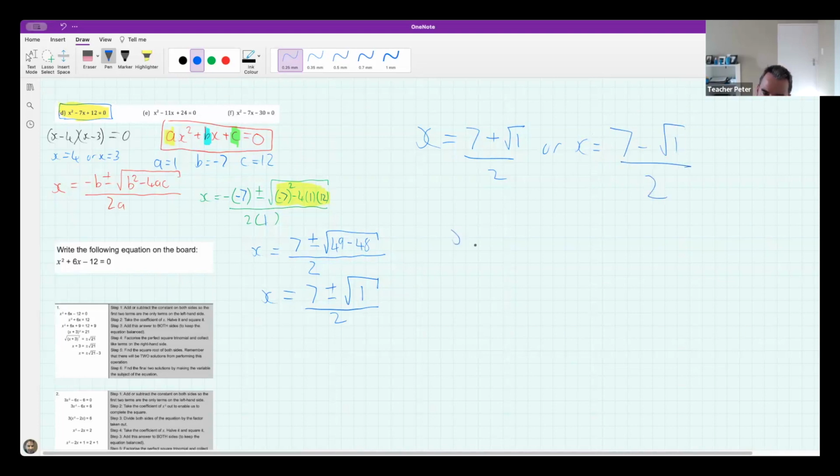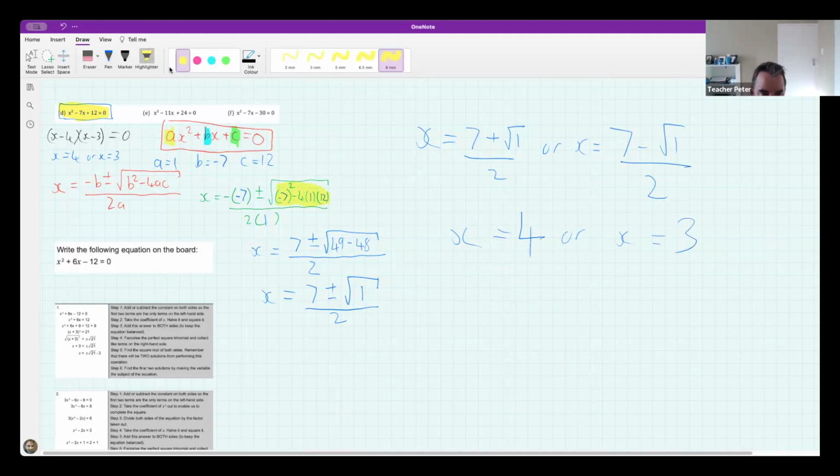What are my final answers going to be for this using the formula? So 7 plus 1 over 2, that's just 8 over 2, which is 4. And here the square root of 1 is 1, so 7 minus 1 is 6. 6 over 2 is 3.